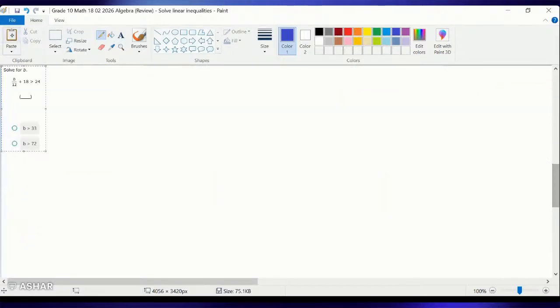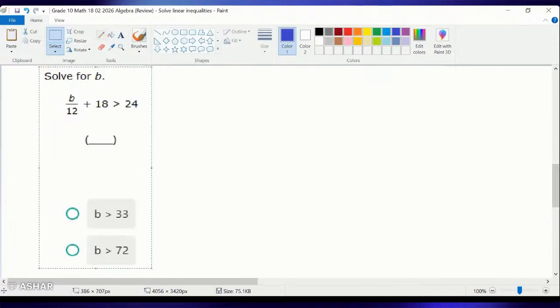Okay. Question number 1 says, if this is the question given to us and these are the 2 options given to us, we need to find which option is correct for the test. Okay, I'll give you another way out of this. Rather than solving this question, let's do something else.